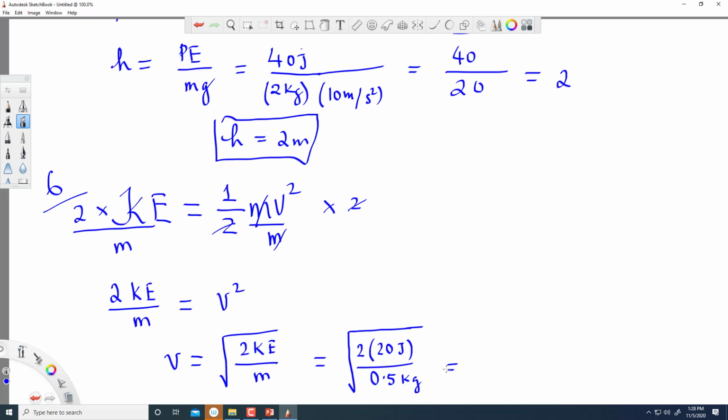Is that about 14, maybe 14 point something? I got 4 squared 5 or 8.9. You got 8.9? 8.9, okay, meters per second. So that's the speed at which the object is moving that has the kinetic energy of 20 joules.